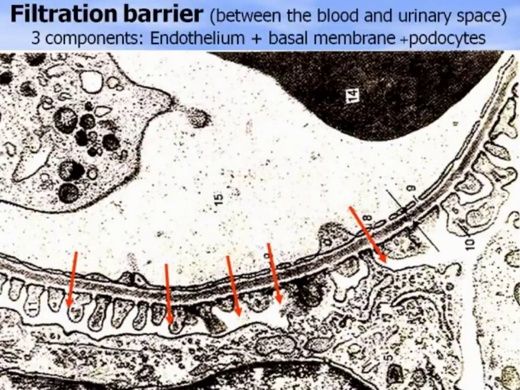These are the three components of the filtration barrier. Through this barrier, blood plasma is filtrated into the urinary space, up to 180 liters per day. This ultrafiltrate or primary urine is blood plasma without large proteins like fibrinogen and globulins.